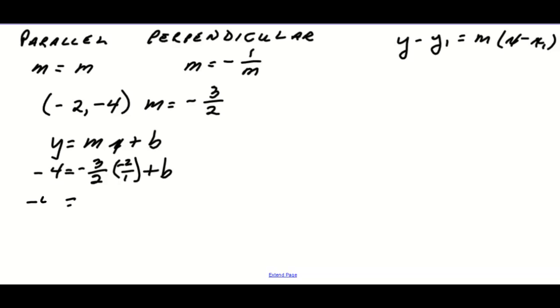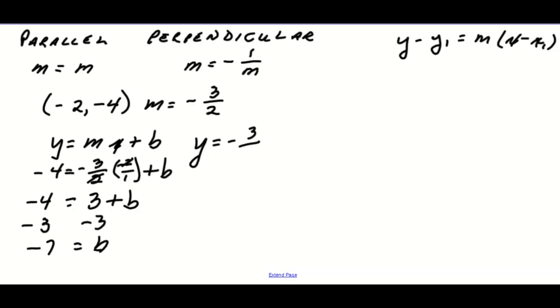And -4 equals a negative times a negative is a positive, and the 2's cancel out. So what I get is 3 plus b. Subtracting 3 from both sides, I get -7 equals b. And therefore, my formula is equal to -3/2 x minus 7.